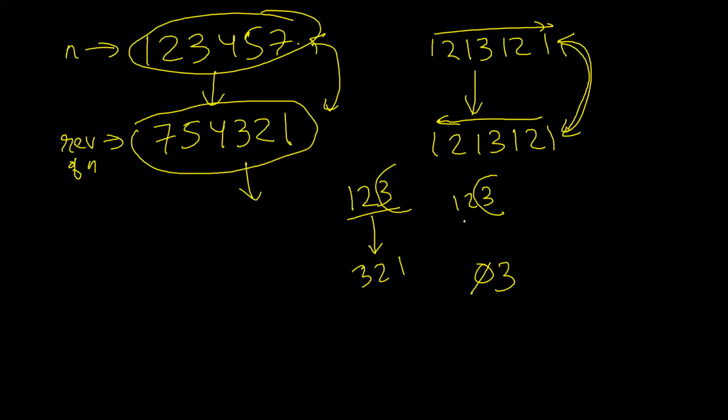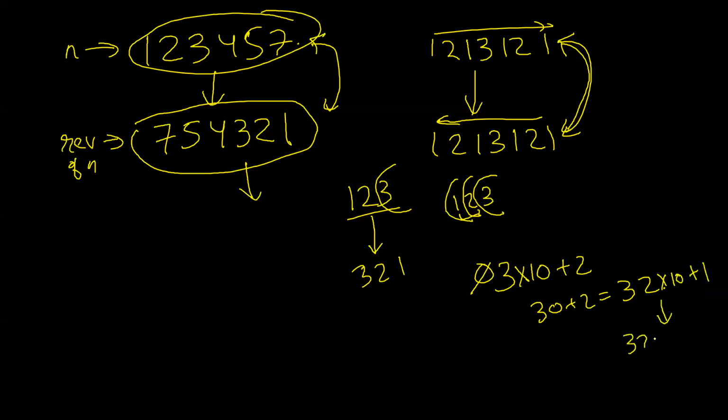Now the value is 1, right? So I'll pick up 2 again, multiply the value with 10 and add 2 to it. It'll be 10 plus 2, that is 12. Then I'll pick up the last digit, multiply the value with 10 and add 3 to it. Then it is 120 plus 3, that is 123.